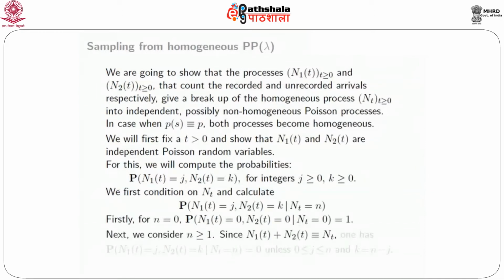Now notice that by our definition, the number of recorded arrivals plus the number of unrecorded arrivals together add up to the total number of arrivals. In other words, N1(t) plus N2(t) is always equal to N(t).